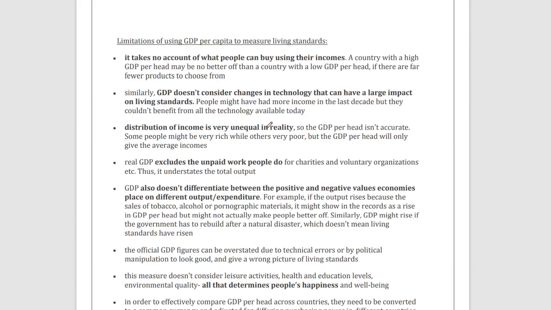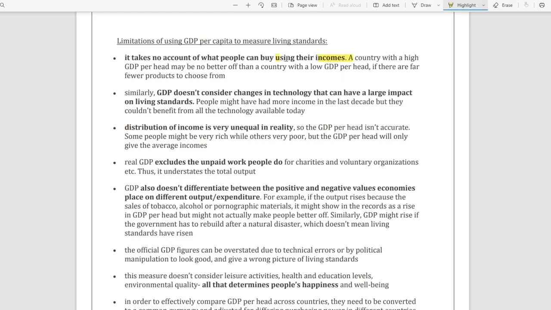Now, limitations of using GDP. GDP is a good way, but not everything about GDP per capita is good, meaning using GDP to calculate living standards also has its disadvantages. Let's start with the first one. GDP is simply the output of a population. It does not take into consideration the person's income, or where they are using their income.